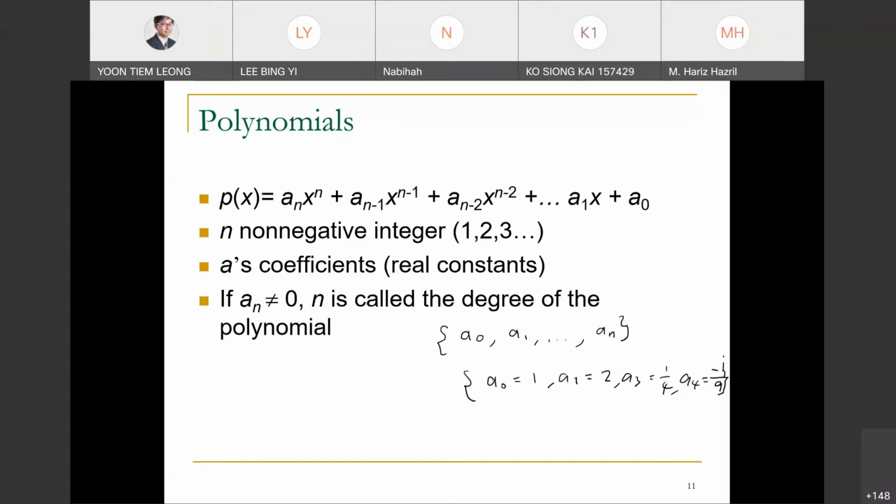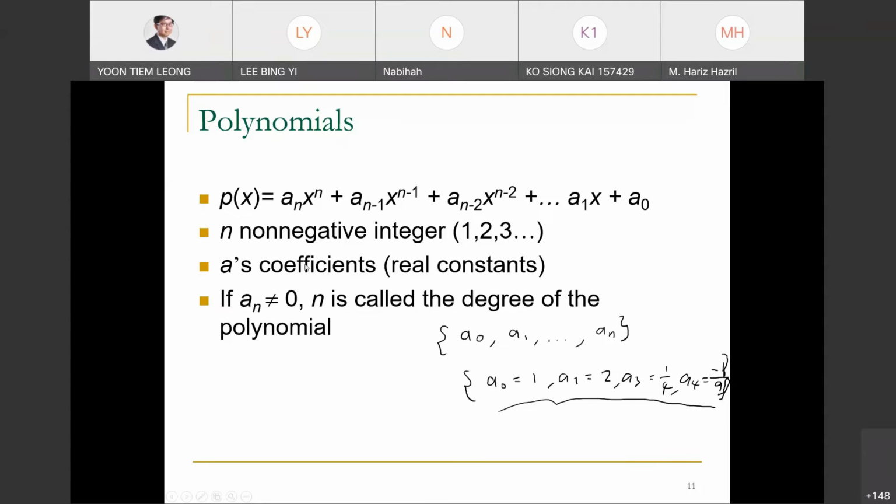Then this is a set of 4 plus 1 parameters. Tell me these 5 numbers, then the polynomial will be completely characterized and the graph will be uniquely plotted, right? Now this concept is very important.